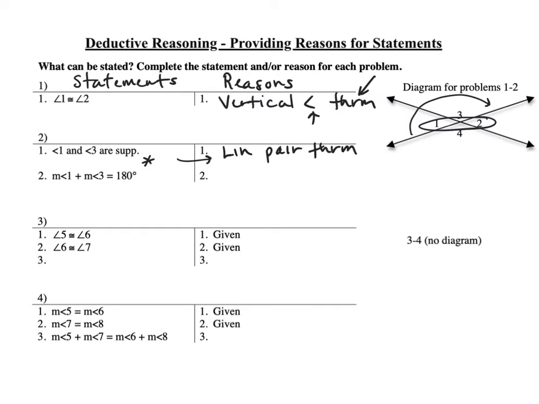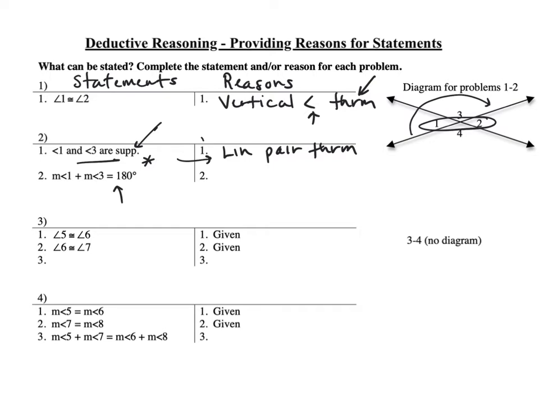Notice what I just said. I concluded that they were supplementary, and that's what we've stated. I need a conclusion that they're supplementary, which is why the linear pair theorem worked. Here I need a conclusion that two angles add to 180 degrees.